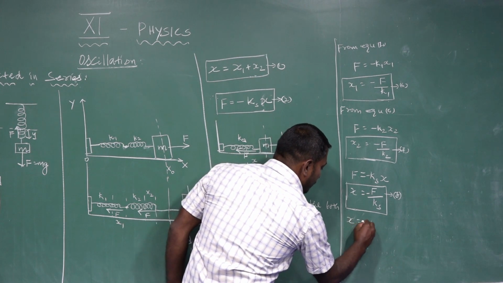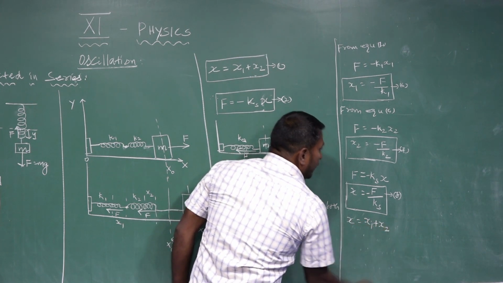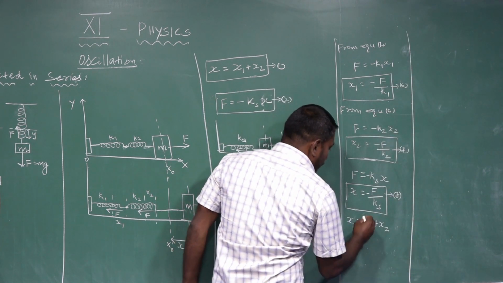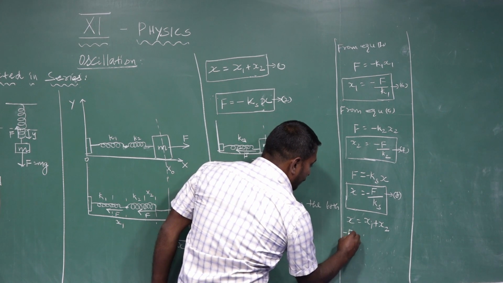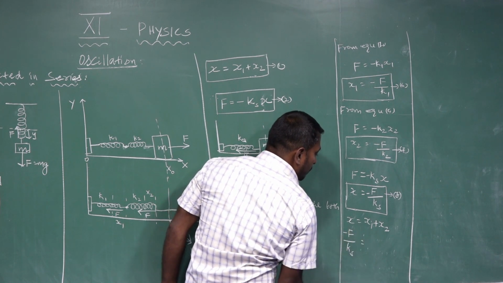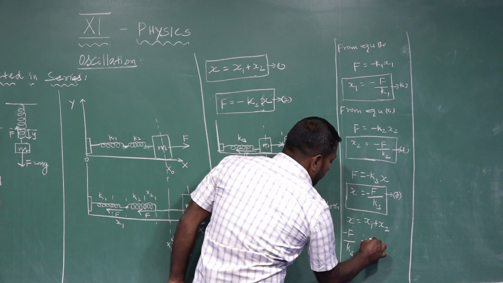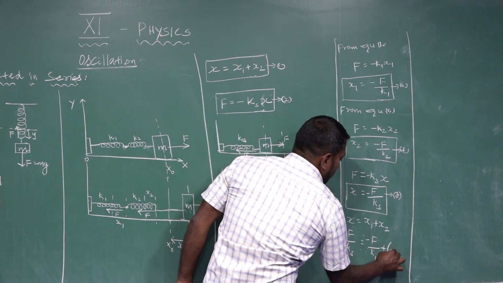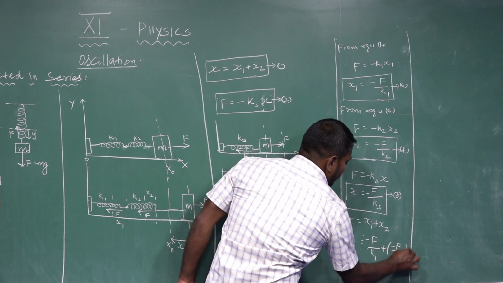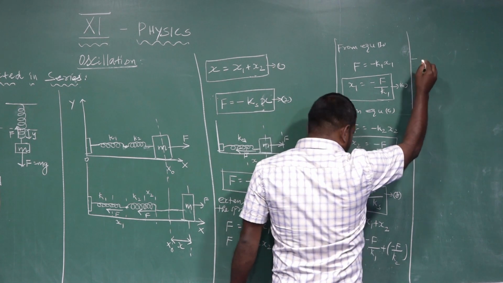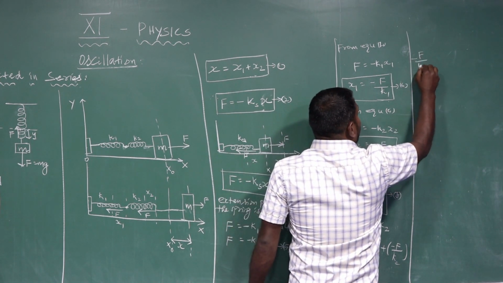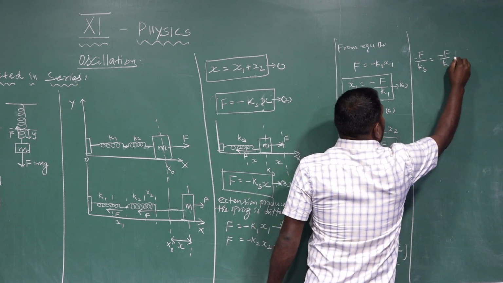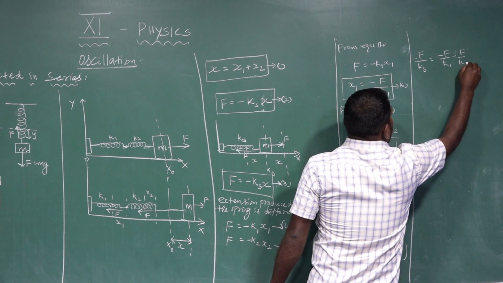Here, x is equal to x1 plus x2. So the x value, minus F divided by Ks, is equal to the x1 value, minus F divided by K1, plus minus F divided by K2. Therefore, minus F divided by Ks is equal to minus F divided by K1 minus F divided by K2.